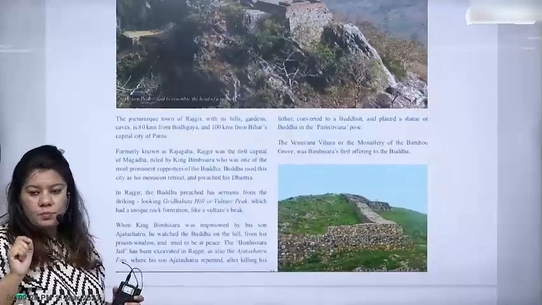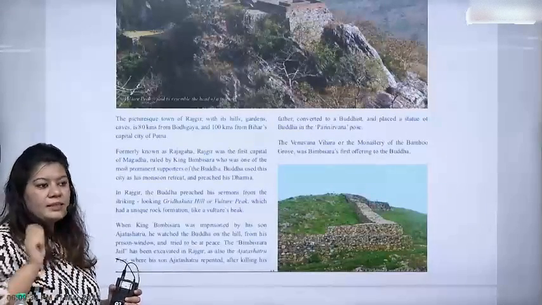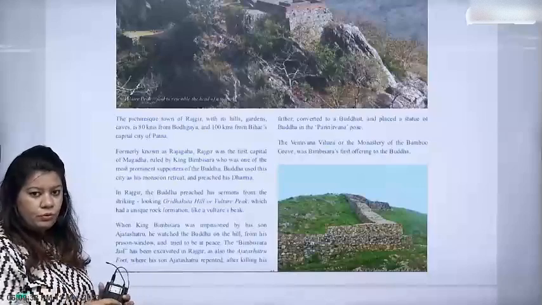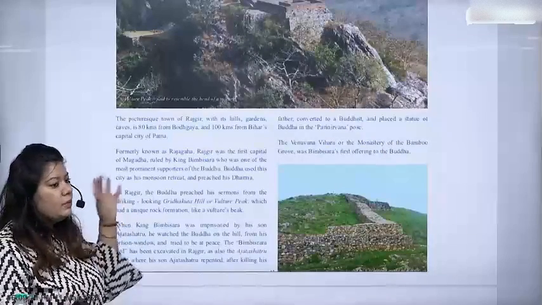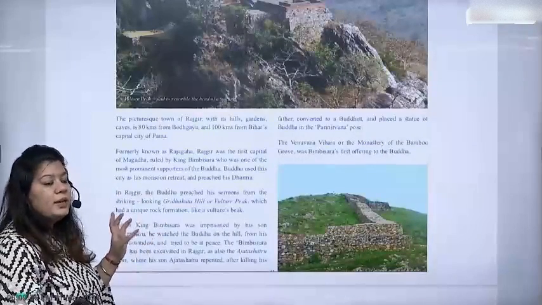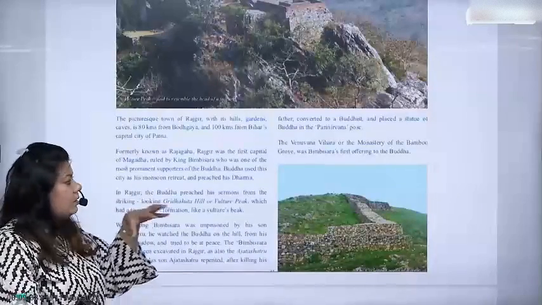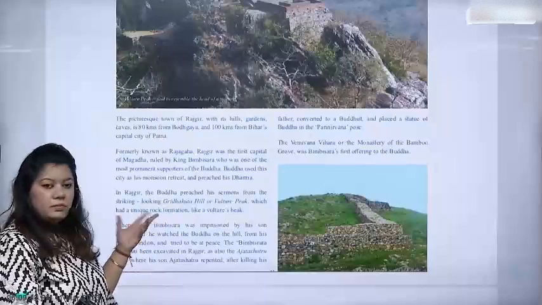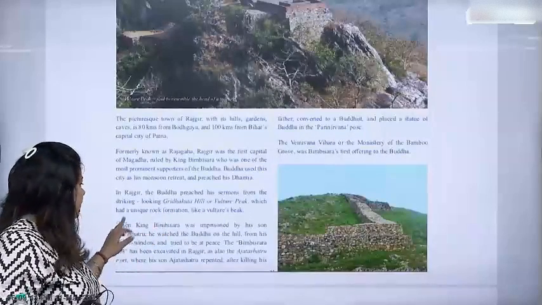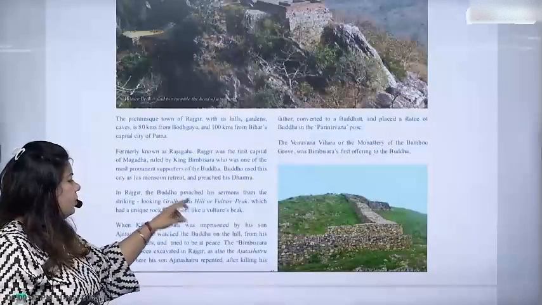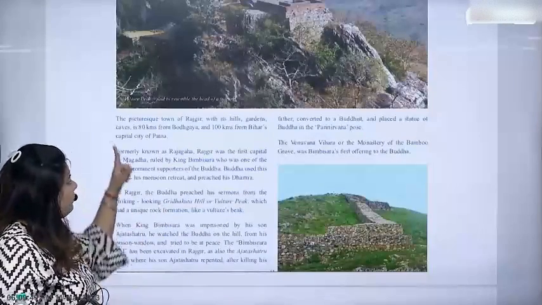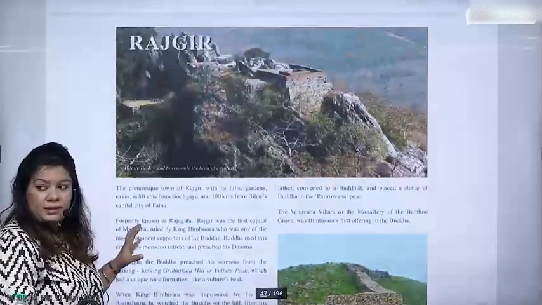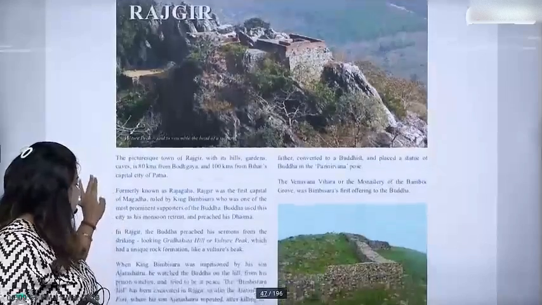Every tourist spot in Rajgir having Buddha's connection, you have to do. So in the monsoons, he used to come to Rajgir, and from these massive hills, he used to give sermons to his disciples. Now this Gridhakut Hill or Vulture Peak, you have to remember that they are located in Rajgir, right?